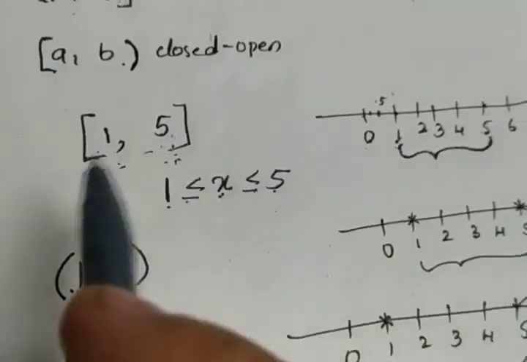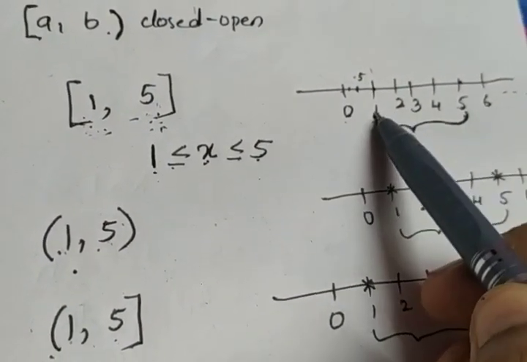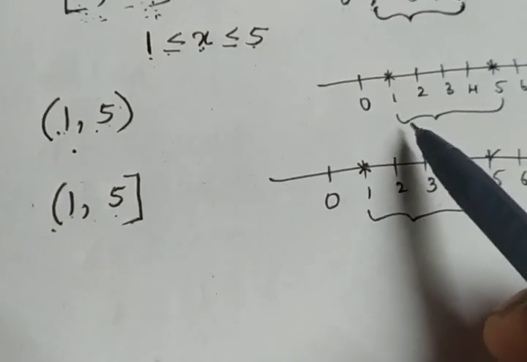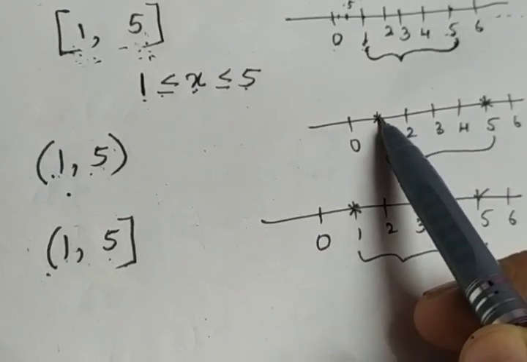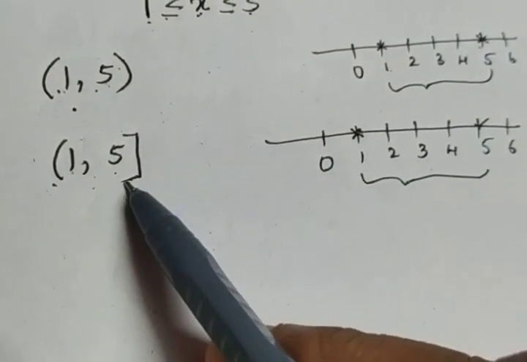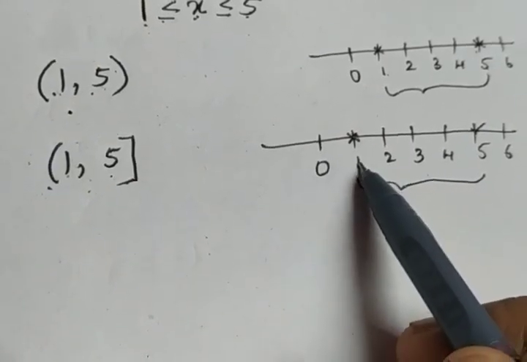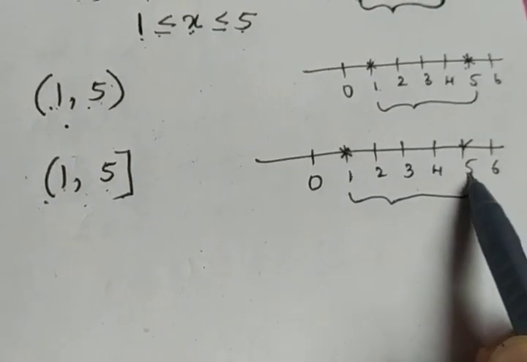Clear? Closed interval [1, 5] means all the real numbers between 1 and 5 including 1 and 5. Open interval (1, 5) means all the real numbers between 1 and 5, but 1 and 5 are not there. Open-closed (1, 5] means 1 is not there, 5 is there. And the last one, closed-open [1, 5).